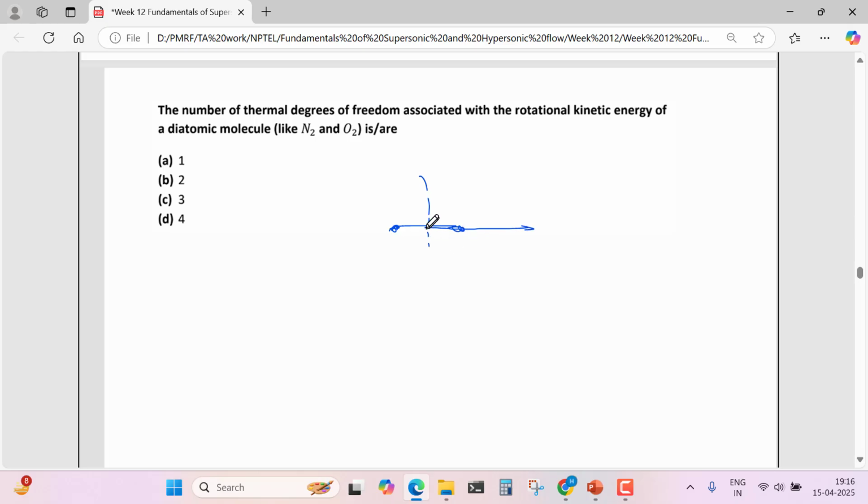So there are 3 axes, x, y, z. It can rotate about the y-axis, it can rotate about the z-axis, but if it is rotating about the x-axis, then its rotational kinetic energy will be very less, because all the mass is concentrated on this x-axis only. So that's why there will be only 2 degrees of freedom associated with the rotational kinetic energy.